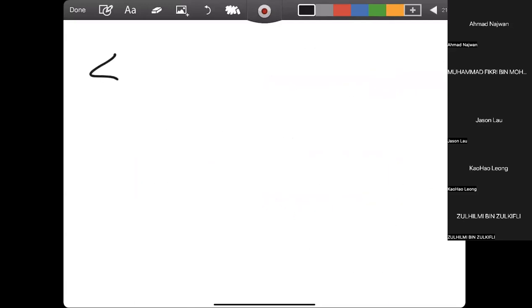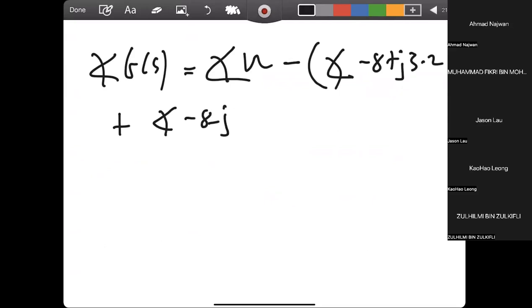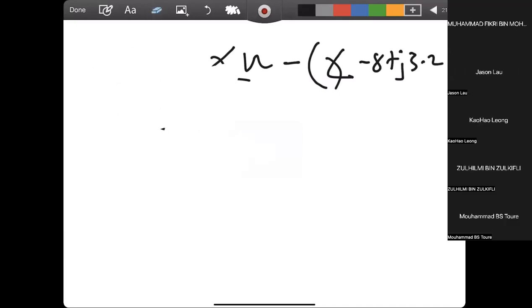So you will get the angle criterion, which is minus K minus the angle of minus 8 plus j3.2, then plus the angle of minus 8 minus... you insert inside, because it's quite long, it takes time to copy.